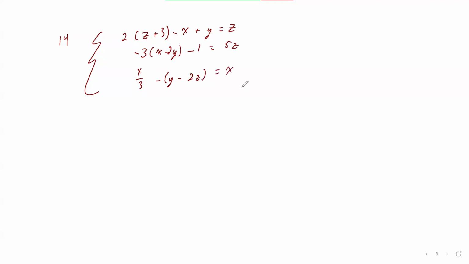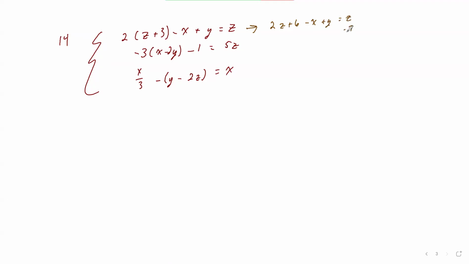What you have to do here to write this in a correct matrix is make sure this is in standard form, which means it goes x, y, z, constant. All of these are out of order, so I want to put these in the correct order. I'm going to start off by distributing. That gives me 2z plus 6 minus x plus y equals z.